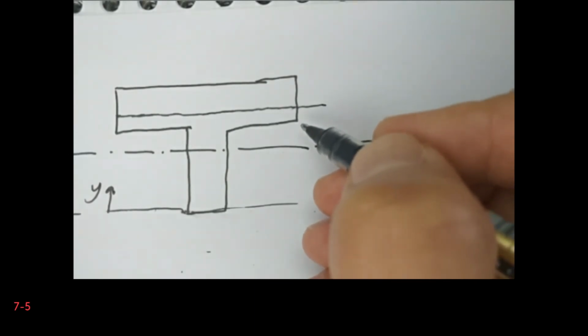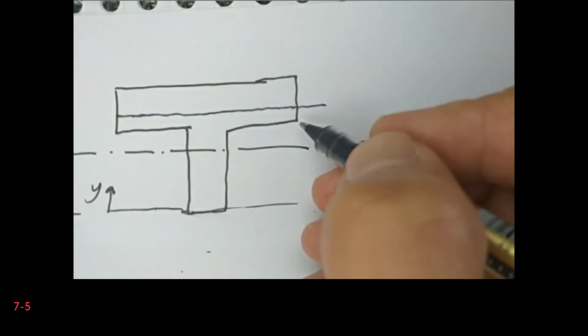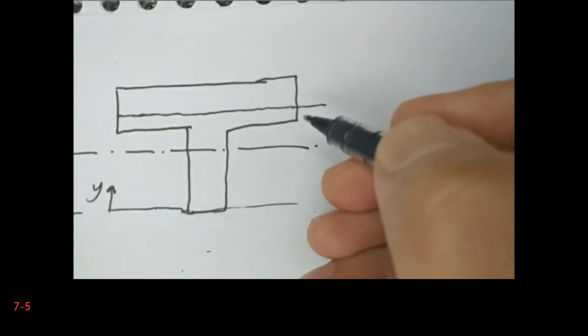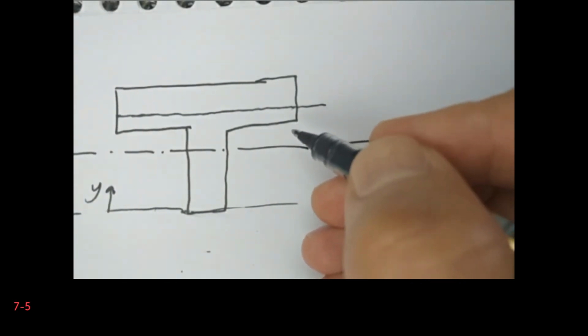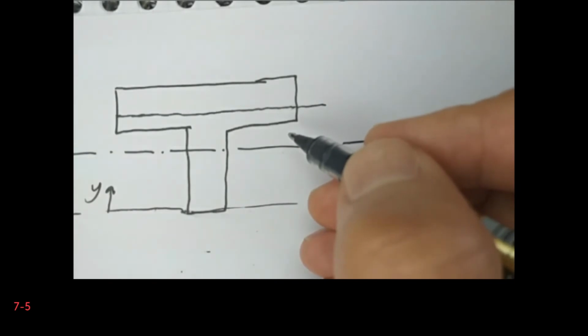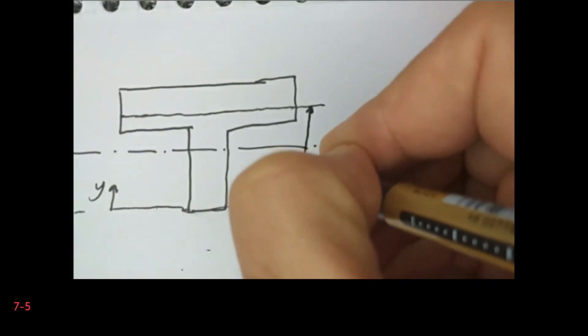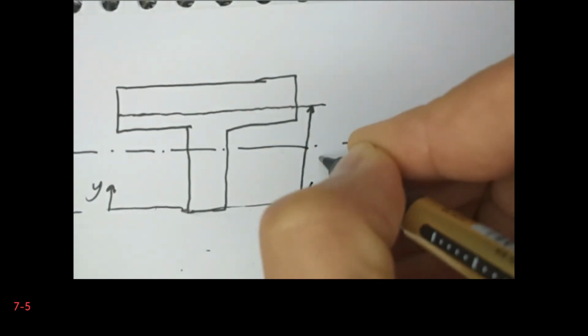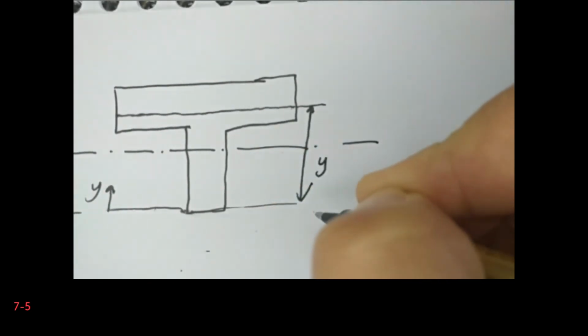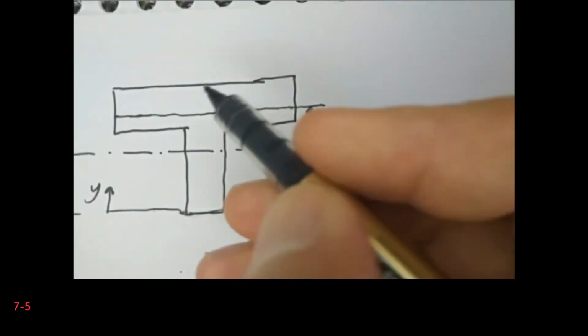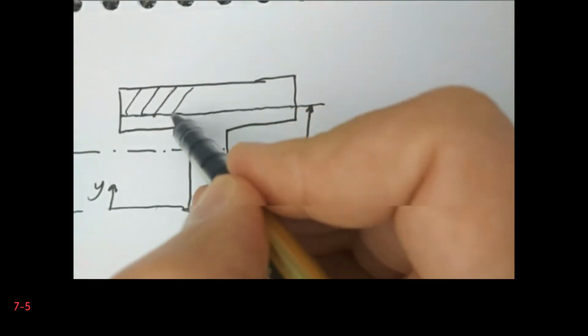Let's say that this is y. This distance is y. Now we need to calculate the Q for this area, and y can change in fact.